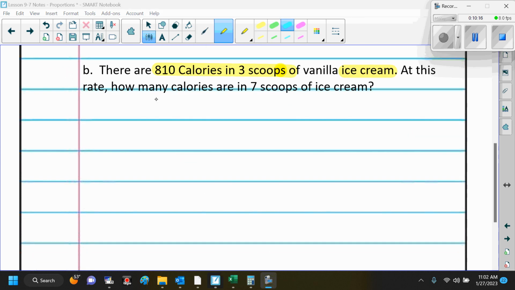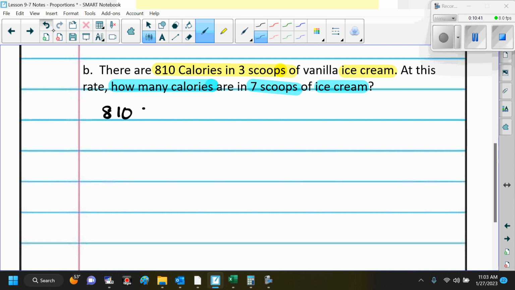So there are 810 calories in 3 scoops of vanilla ice cream. So there's my first ratio. At this rate, we want to know how many calories are in 7 scoops of ice cream. Now, the original ratio is 810 calories. I'm going to write my labels on the outside.